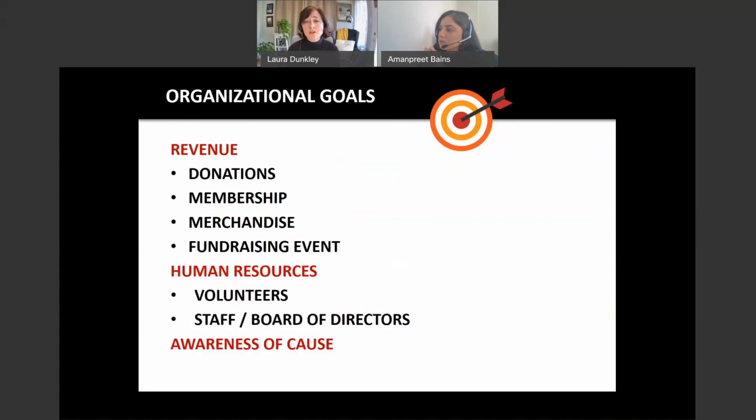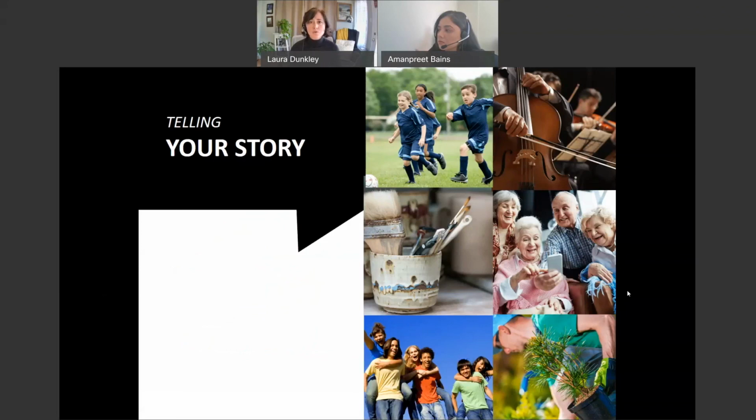So in the not-for-profit world, we have volunteers, employees on the other side, and then you have staff or board of directors. And then you need to build awareness of your cause. Now, it's awareness of your brand or your cause, whatever that looks like. It is still, generally speaking, building awareness of your organization. So those are organizational goals.